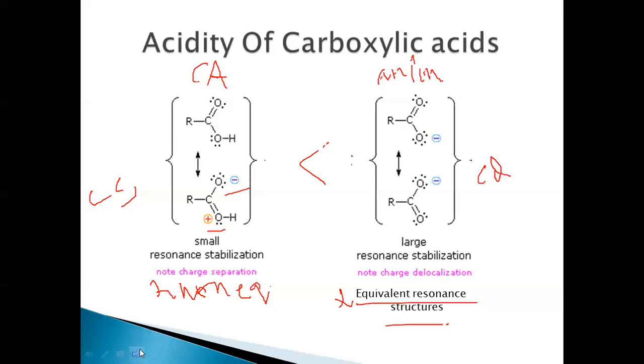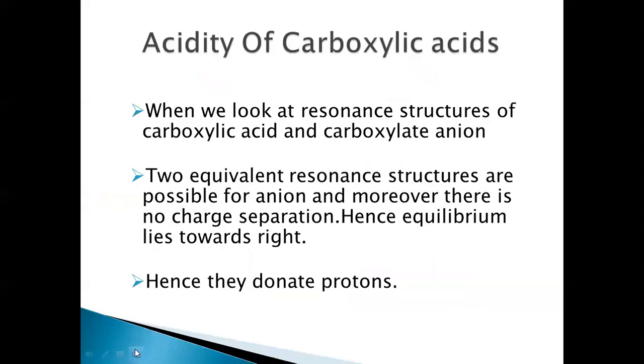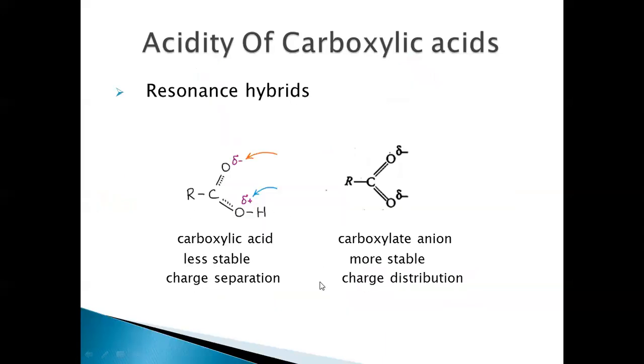So it acts as an acid here. Yes, they can donate the protons and it can act as an acid here. If you look at the resonance hybrids of both these, there's charge separation here and there's a charge distribution here, and there are equivalent resonance structures which are possible here, and there are non-equivalent resonance structures which are possible here.